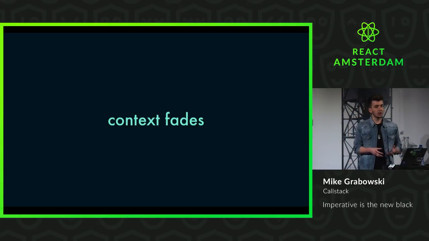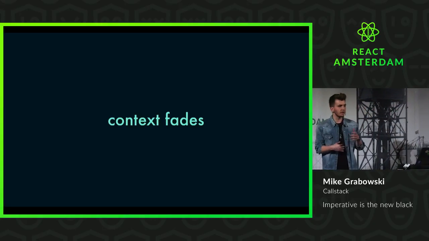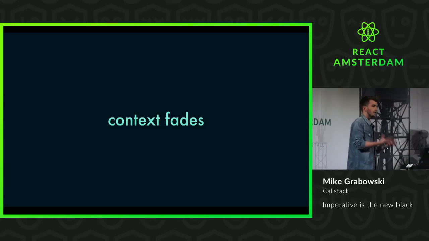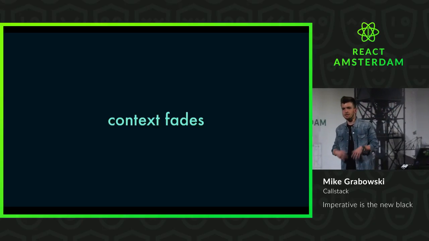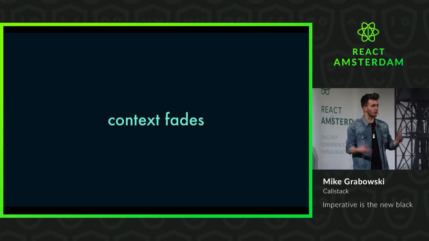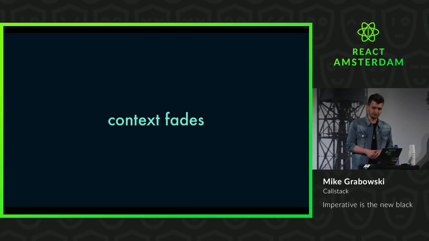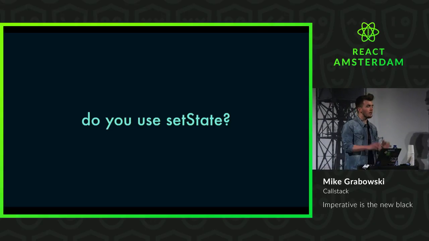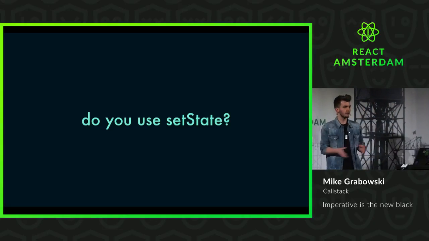The problem is, on Twitter, the context fades away, especially given the limit of characters. It's like when I write setState is an anti-pattern and I use some nasty clickbait strategies, this is going to be very popular and no one will be talking about the real thing that was at the end of my article, for instance. So how many of you are using setState or state?